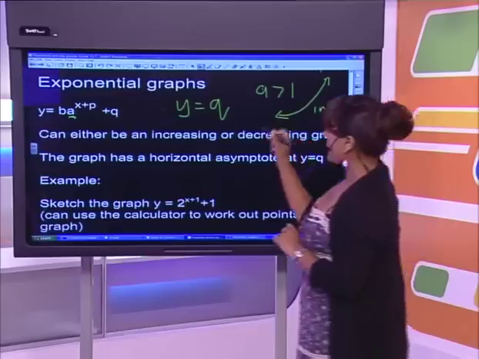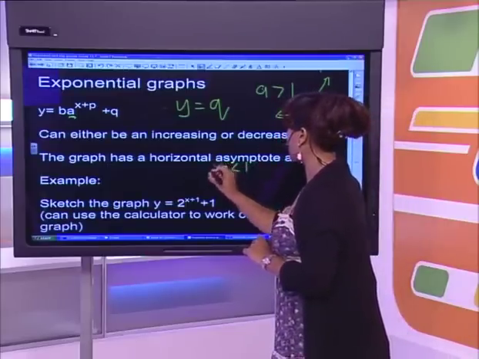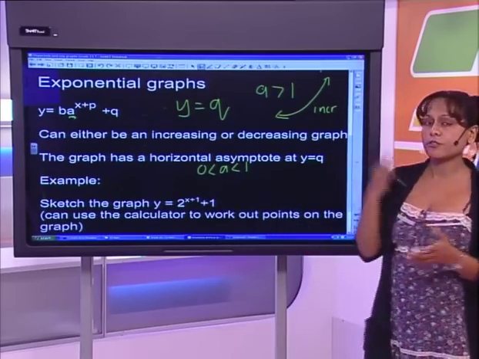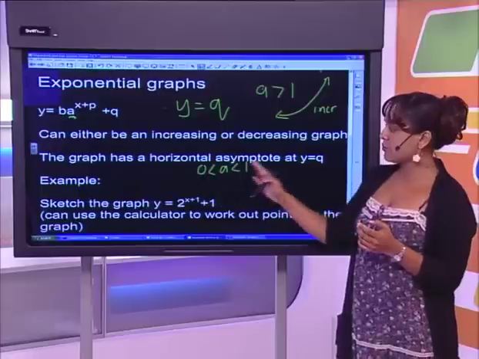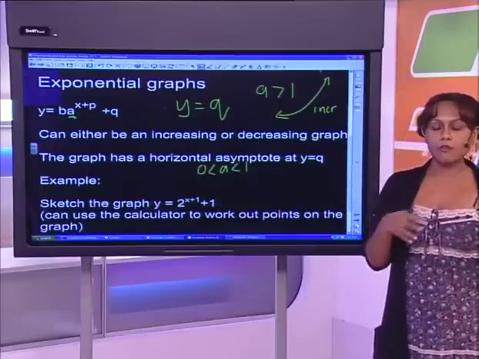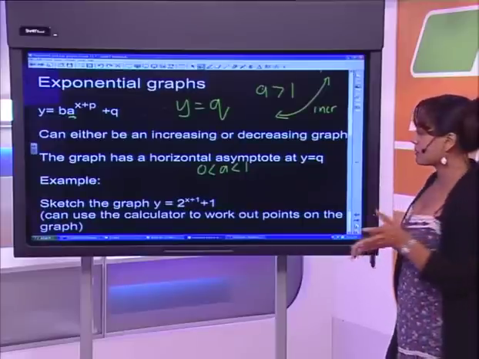And if a is a fraction, somewhere between 0 and 1, and I don't know if you know this yet, but all of your fractional numbers lie between 0 and 1, so a half, a third, a quarter, and so on, you're going to get a decreasing exponential graph.